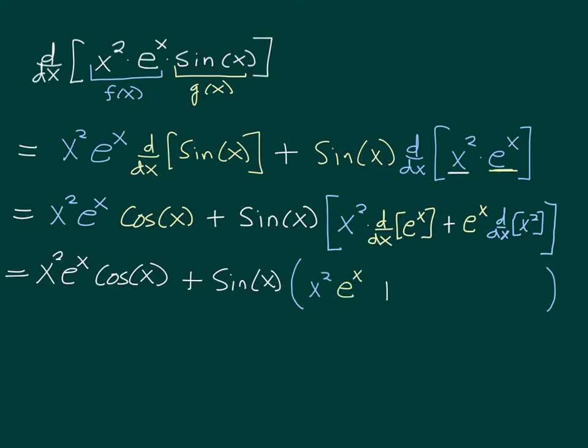To this, we're going to add e to the x times the derivative of x squared. So applying our power rule, the 2 comes out as our coefficient, and we get x to the 2 minus 1, or first power, so we can just leave this as x. Okay? So if you want to, in this case, you can simplify a little bit.